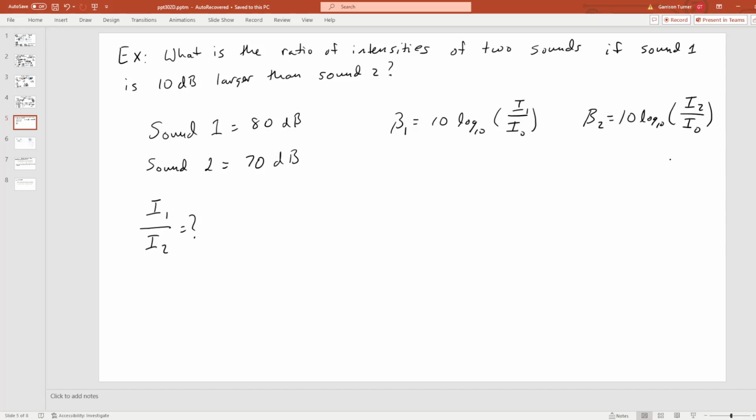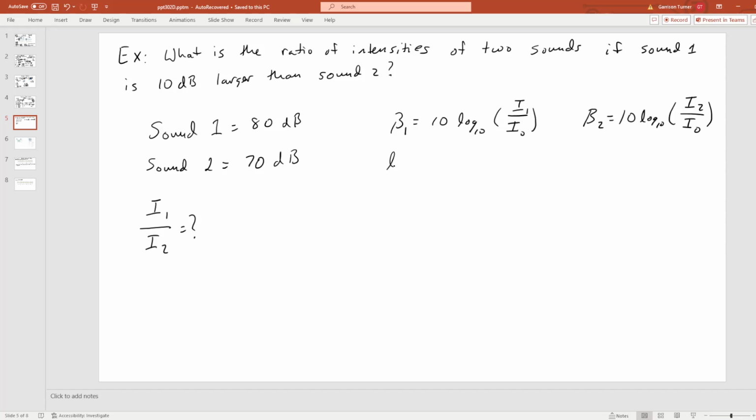Right? And so we want to find the ratio of I1 to I2. What we can do is solve these equations, one for I1 and the other for I2, and see what shakes out.